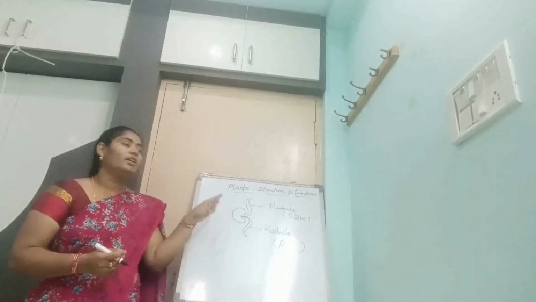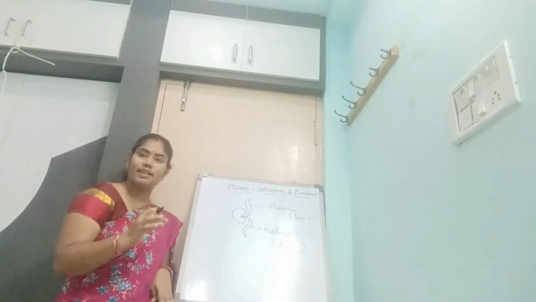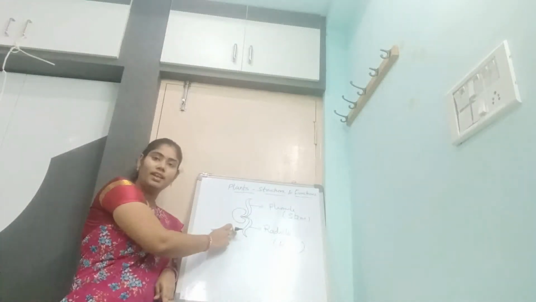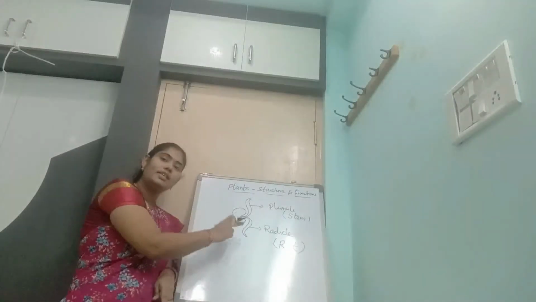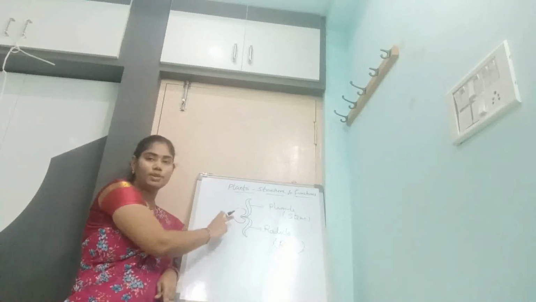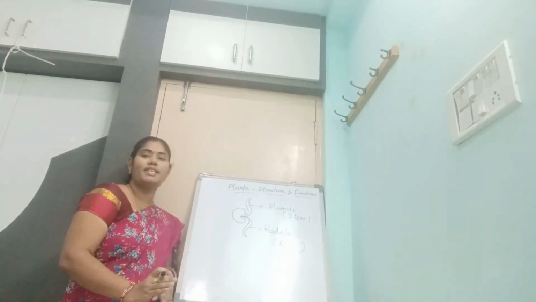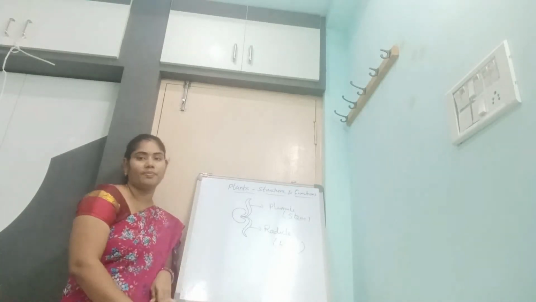So the plant comes from the seed. The seed is germinated in the soil. It gives primarily two parts, radicle and plumule. The radicle will later change into a root, and the plumule will change into a stem.